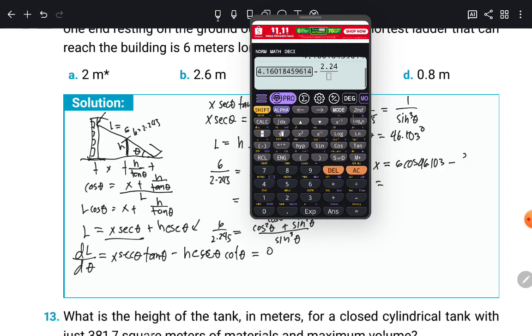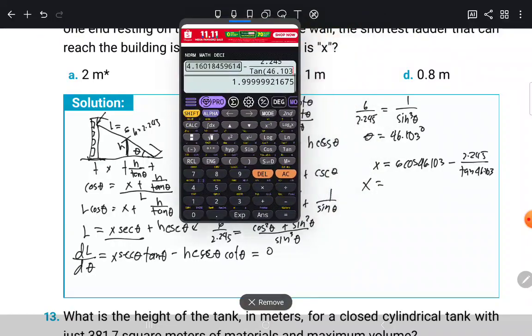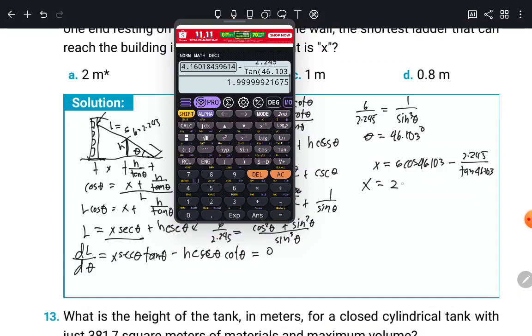So 2.245 all over tangent of 46.103. So the answer is 1.999999, or that's equal to 2 meters. So the answer is 2 meters. X is equal to 2 meters.